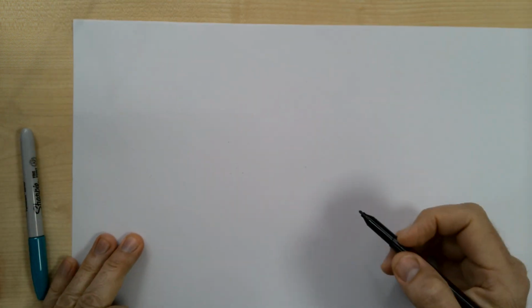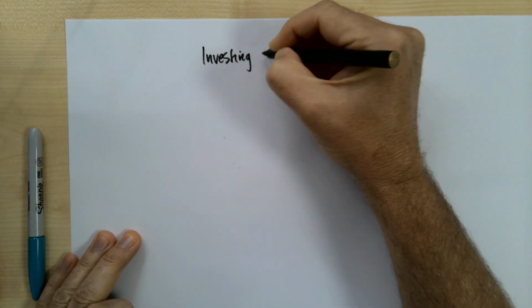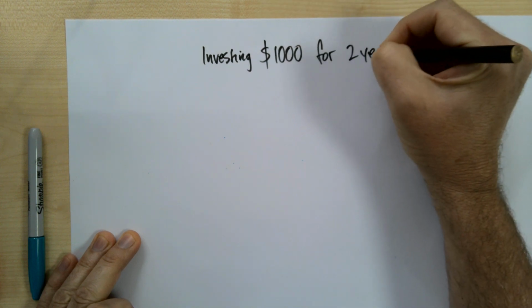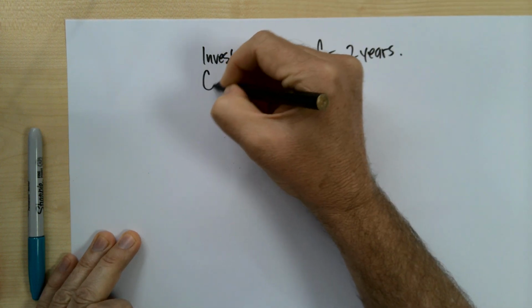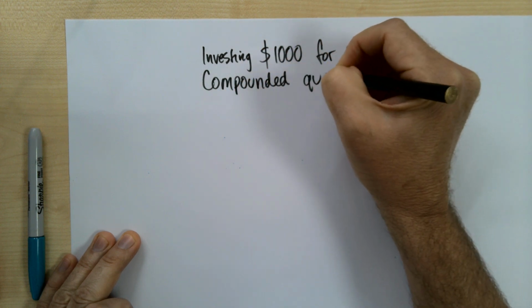So let's say I'm going to invest $1,000 for 2 years. And it's compounded quarterly.